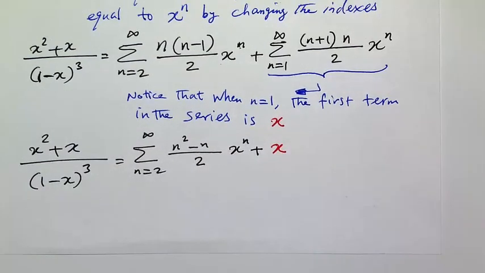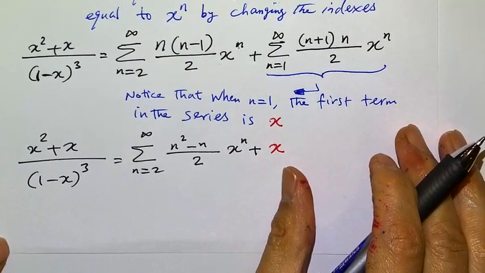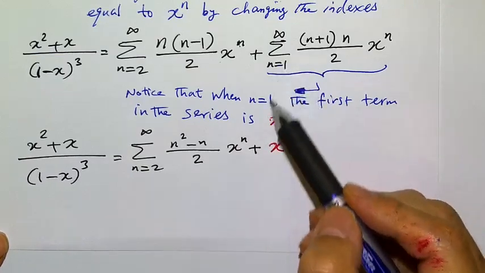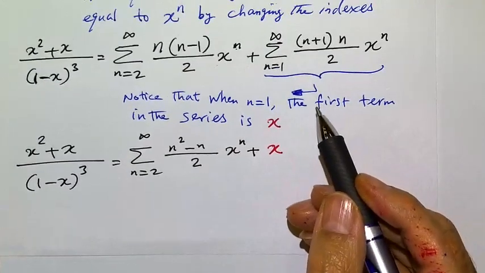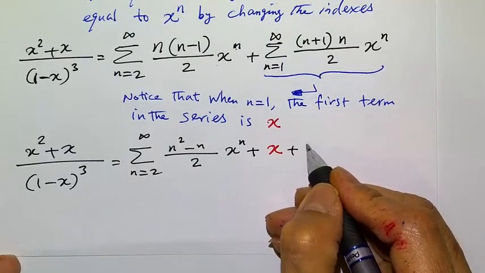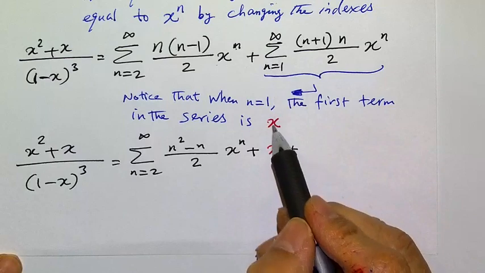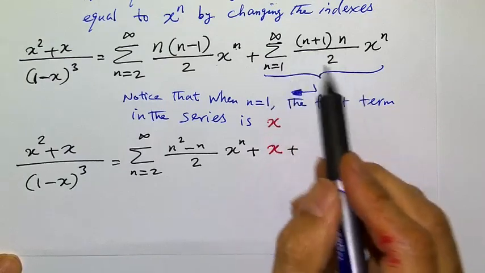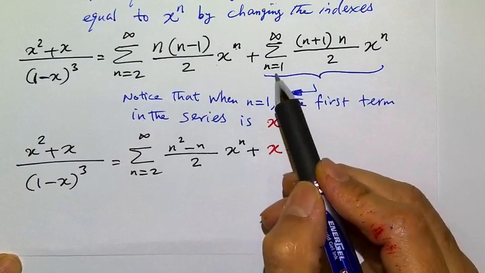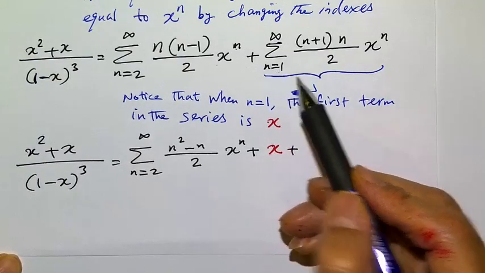I'm just going to write everything that is connected in red so that you know what's going on moving from here to here. So plus x, plus, now that's going to jump because I've already calculated the first term for this series, which is x, which I've written here. Now this has to start from 2.